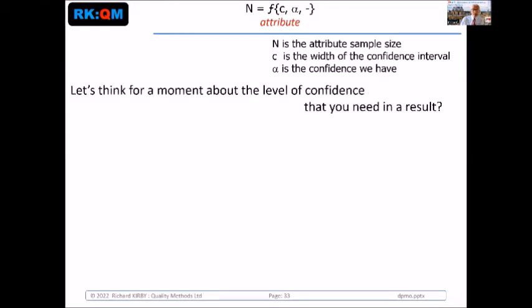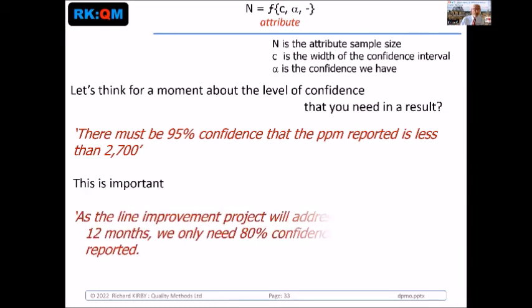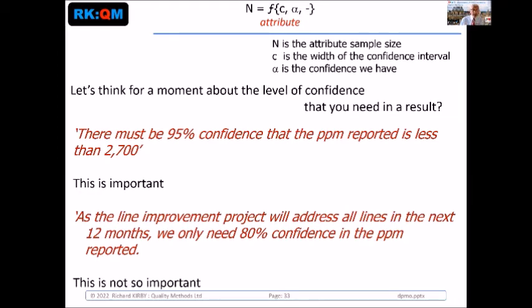Imagine that you are told there must be 95% confidence in the ppm reported being less than 2,700. Clearly, this is an important delivery. Or you may be told, as the line improvement project will address all lines in the next 12 months, we only need 80% confidence in the ppm reported. Not so important. It's just a guideline to help people.